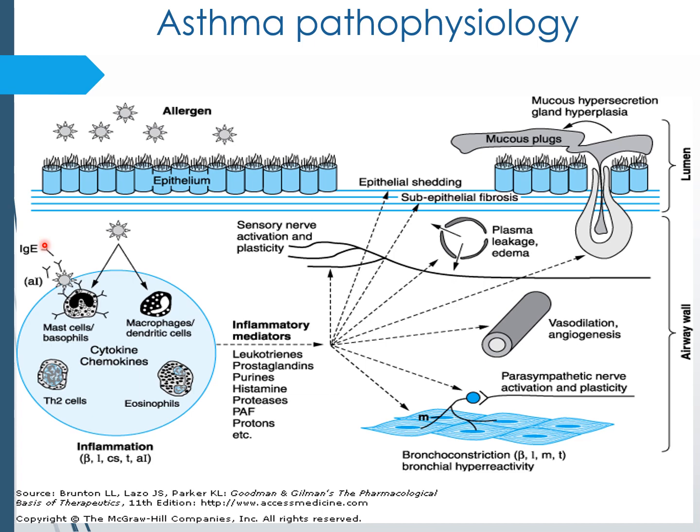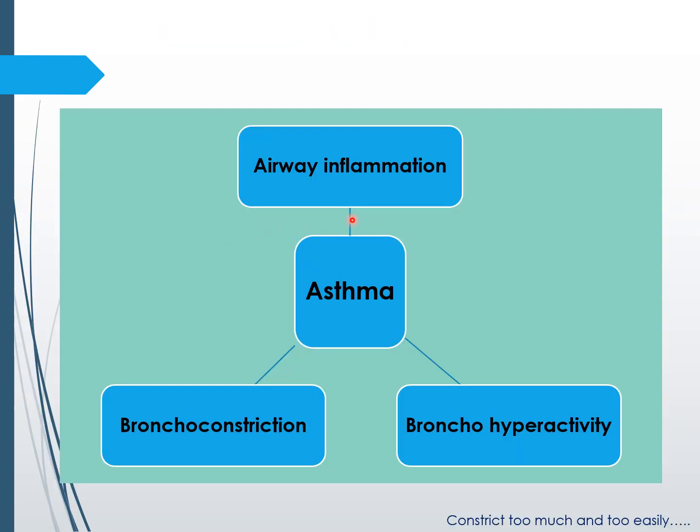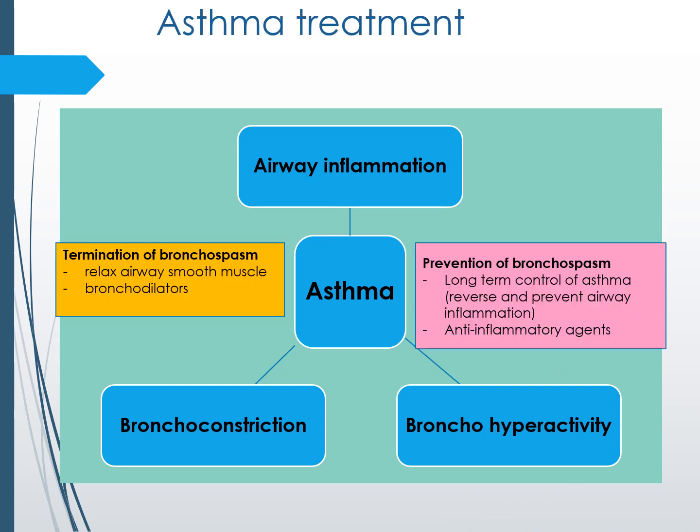These IgE antibodies bind to mast cells, ready for future interaction with allergen. Re-exposure to the same allergen in future will result in the activation of adaptive immune responses that amplify and drive asthma pathology. The three common characteristics of asthma are airway inflammation, bronchoconstriction, and bronchial hyperactivity, where the airway constricts too much and too easily.